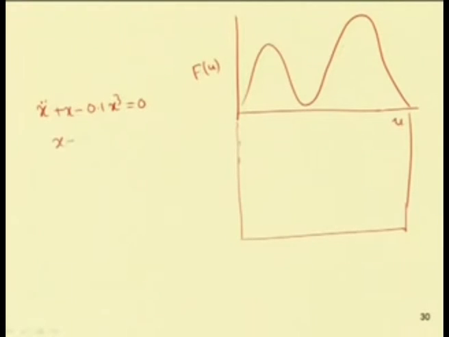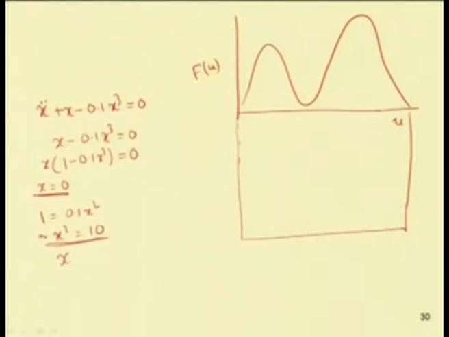So, x minus 0.1 x cube equal to 0, or I can take x common. So, this is x times 1 minus 0.1 x square equal to 0, so x equal to 0 is one solution, and the other solutions are 1 equal to 0.1 x square, or x square equal to 10.